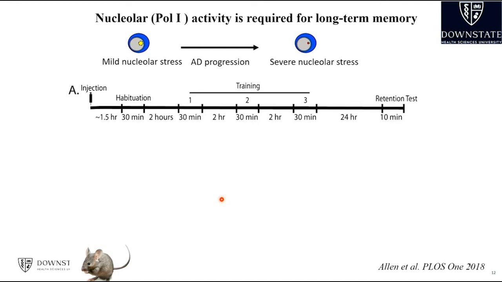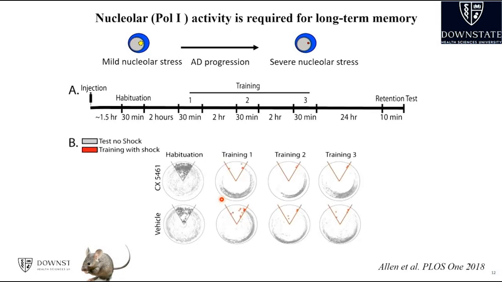So we inject the drug, then we do habituation and training of the animals, and then we do a retention test, which is going to tell us whether memory is really working well. So this is what happened. With or without the drug, the animals during the training trial, they are avoiding the shock area.